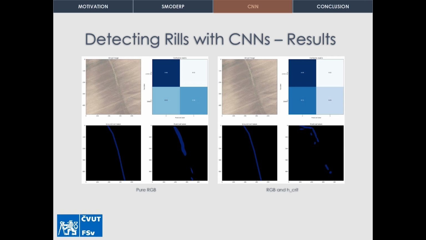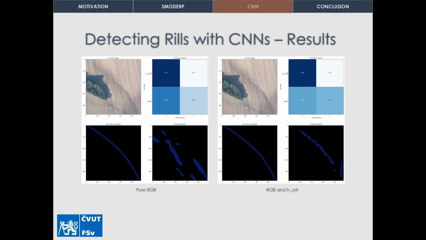With the H-grid, we were able to get rid of most of the other things, because around this green part, in the forest and in the field, there are these tracks from tractors or something.